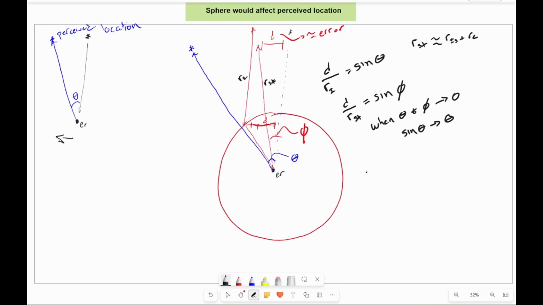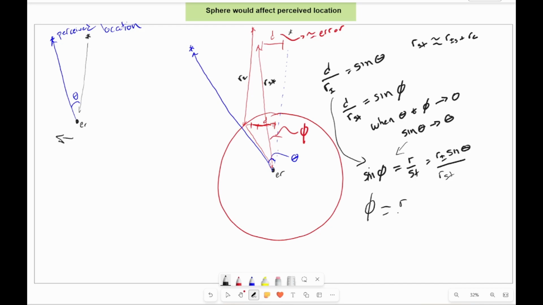So sine phi is equal to r over St. And so now we can use this property or identity.